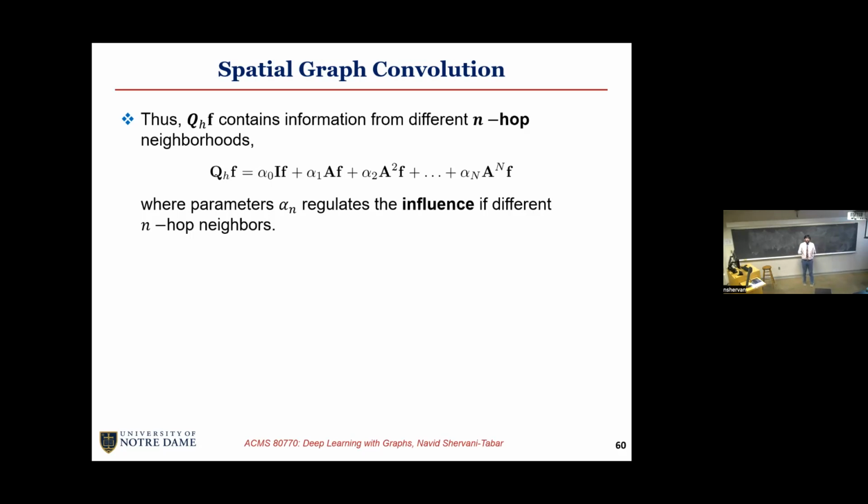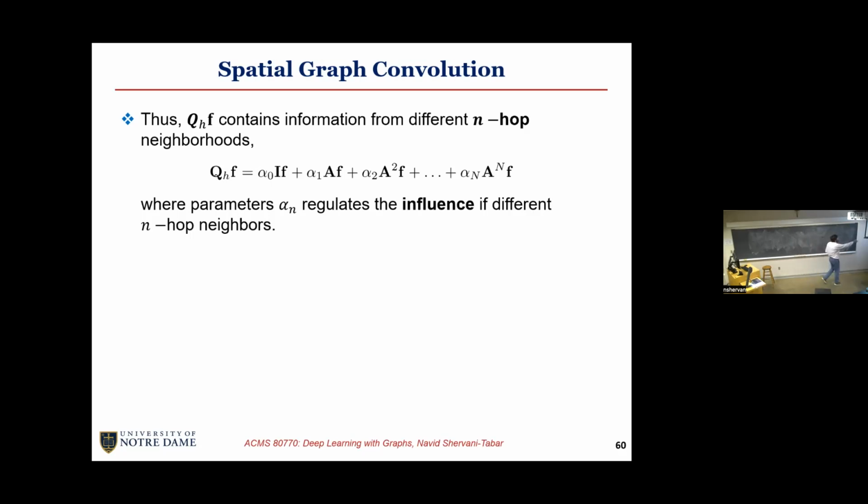So if we want to apply a convolution on some function f, we can write it as QH, our matrix, multiplied by f, our vector, which defines data on that graph.